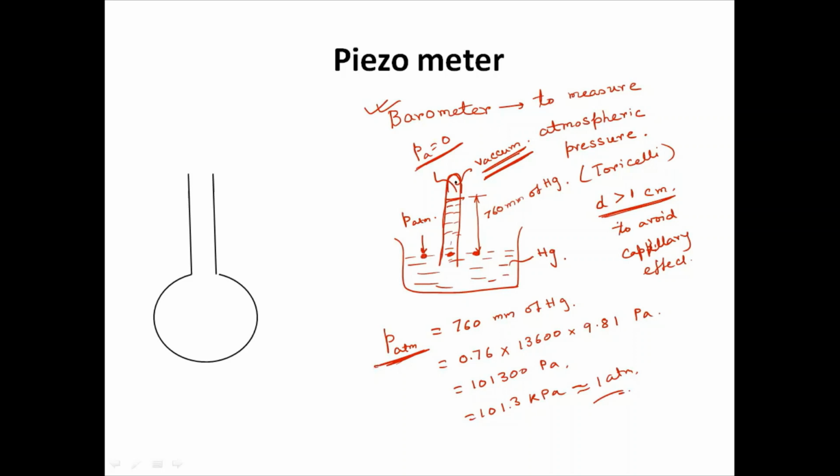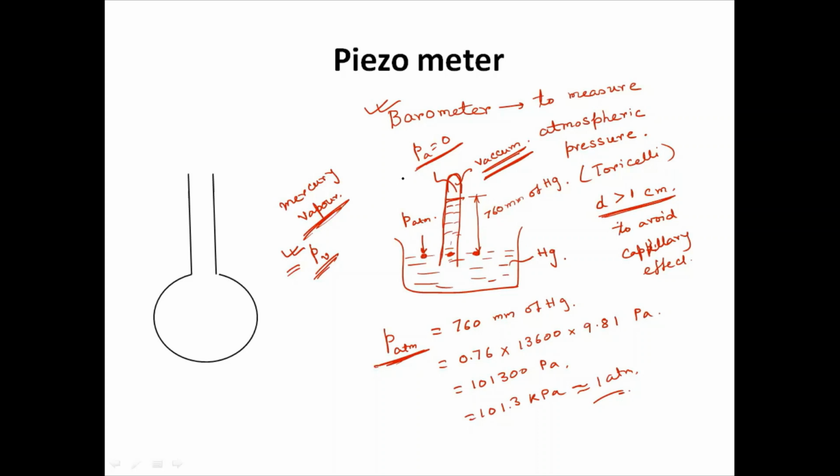But actually, some mercury vapor will be present. Instead of getting a full vacuum, there must be some mercury vapor in the Torricelli vacuum. And because of this vapor, some vapor pressure will be there. So in this value of 760, there might be some error because of this vapor pressure.